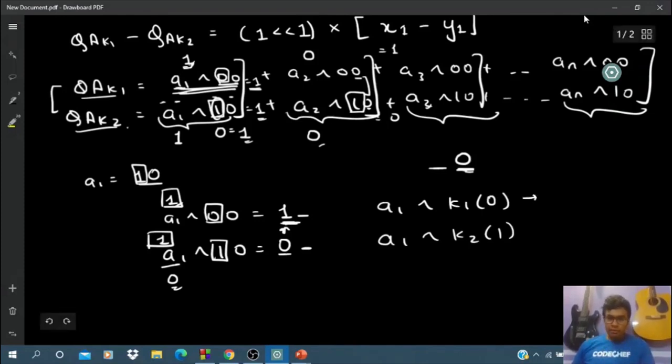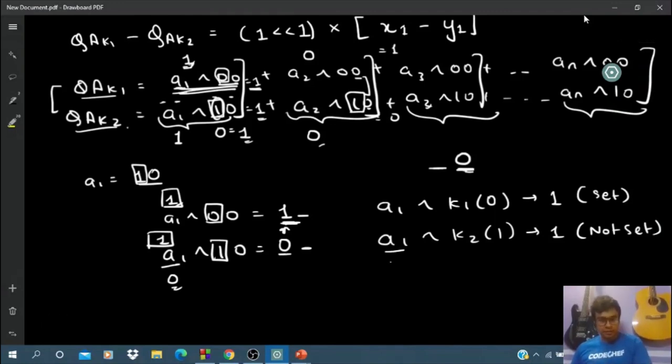So this value will be 1 if and only if a1 is 1 in that bit. That bit will be flipped, and the flipped bit will only be 1 if the initial bit was 0. So 0 will get flipped into 1, and that's why I can say that this bit initially was not set in a1.